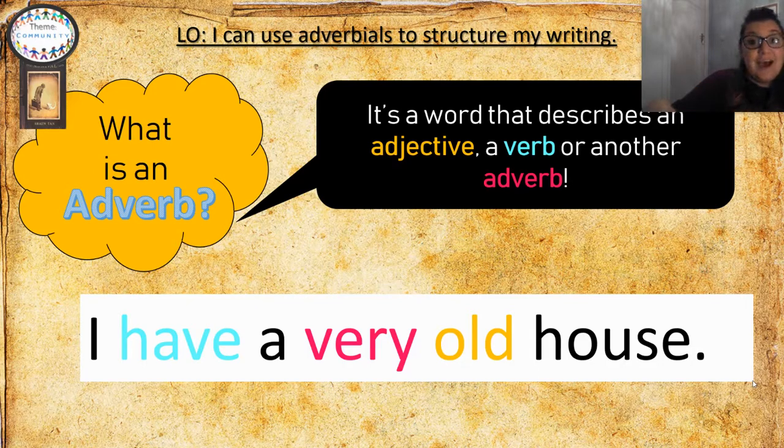That's describing the noun, which is the house. The verb, so the doing, the action part, the being part of the sentence, is the word have. To have something. And the adverb is the word very. In this sentence, it's describing the adjective.